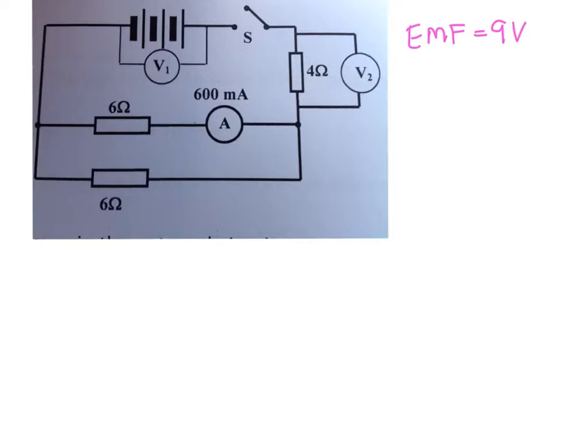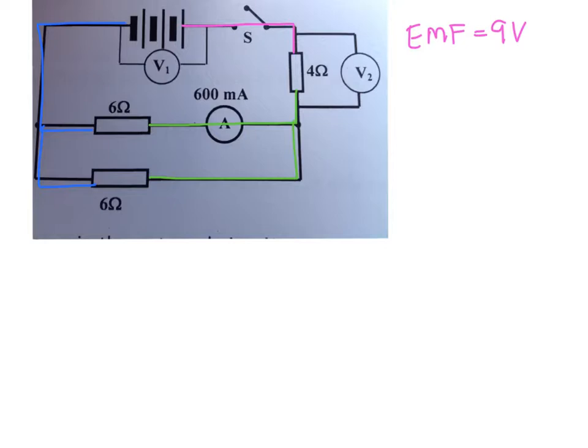When the switch is closed, I've got a current reading of 600 milliamps. But take a look. Remember how we highlighted? Pretend the switch is closed now. So I'm going to go all the way around till I hit a resistor, and along until I hit a resistor, and the other way, the same story. You can quite clearly see that those 6 ohm resistors are in parallel with one another.